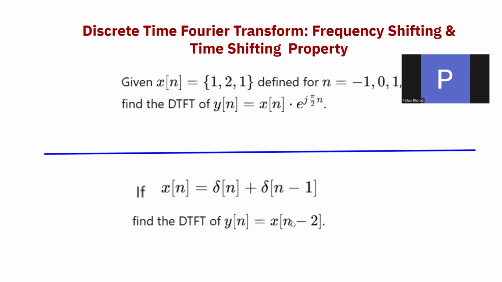If in the time domain you are shifting the signal by some amount, then on the DTFT side, the signal will be shifted by the same amount in the frequency. Mathematically, if you are multiplying here, that is called frequency shifting. And if you are just shifting n to n plus 2 or n minus 2, then that is the time shifting.